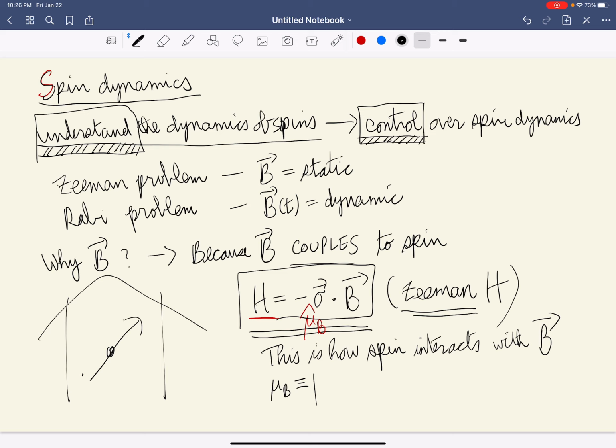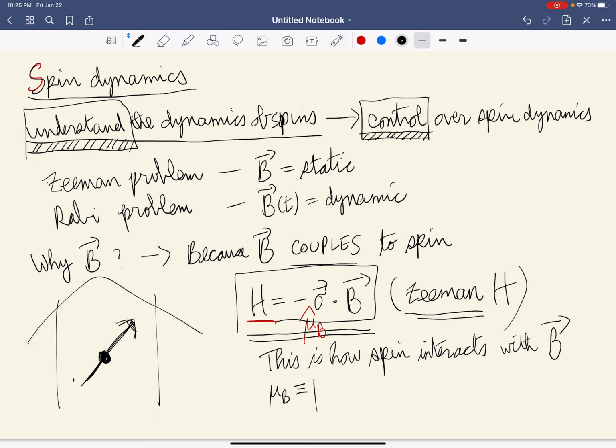Here I'm talking not about every two-level system you can imagine, but specifically about the electronic two-level system, where the electron's spin is the one that's doing the two-level dynamics.